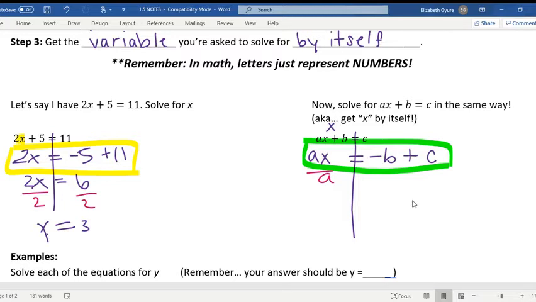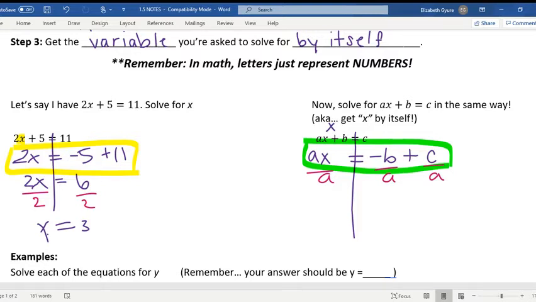And here my b and my c are separate. So the question is, what do I do with that? Well, you have to divide the whole side by it, don't you? So I don't get to just pick and choose what I divide by a. If I divide the left by a, I also have to divide everybody on the right by a, which means I also have to divide the negative b by a, and I have to divide the c by a.